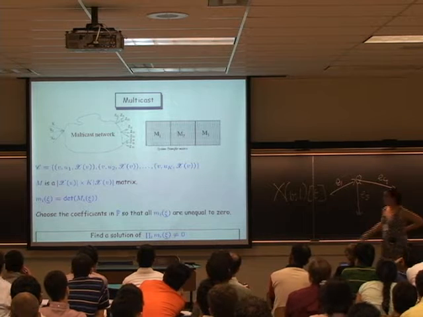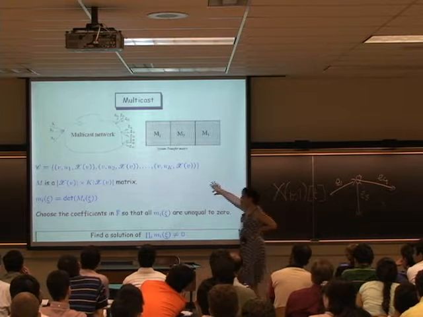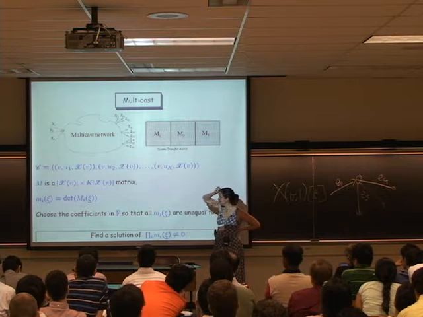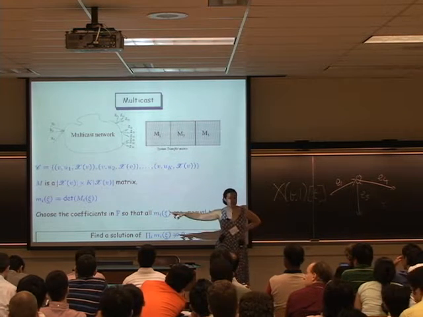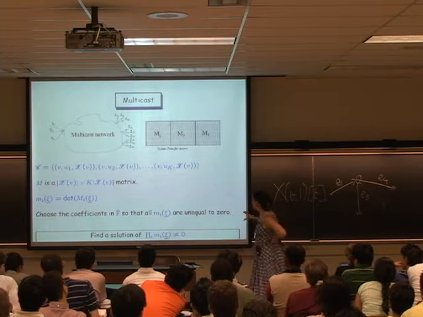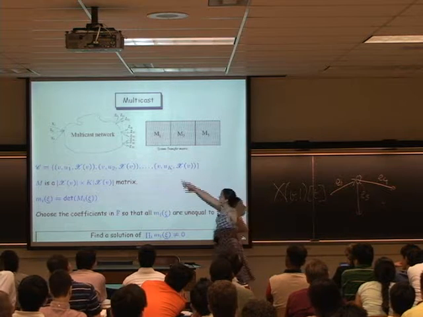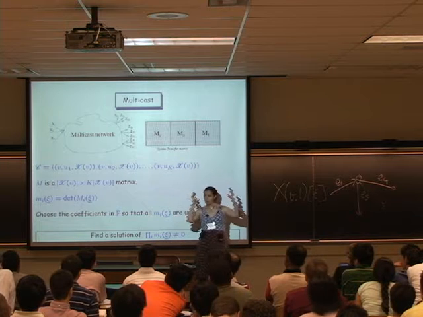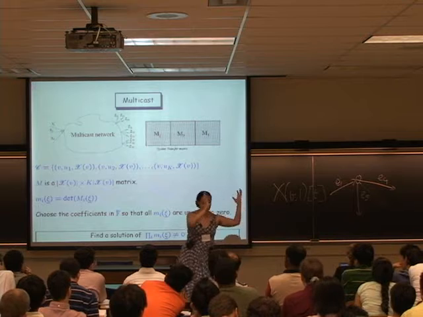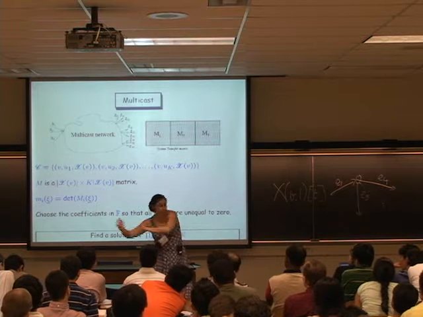So as I said, my set of connections is defined in this way. M is a cardinality of cal V by K times cardinality of cal V, where K is the number of receivers that I have. So in this case, I have 3 receivers. K is 3. But however many receivers I have, K receivers, I'm just going to have M1, M2, all the way through MK.